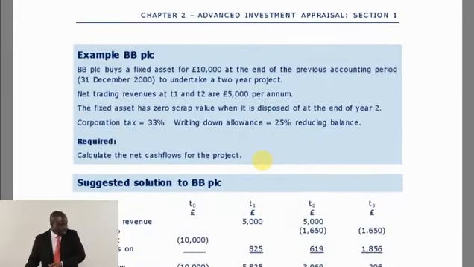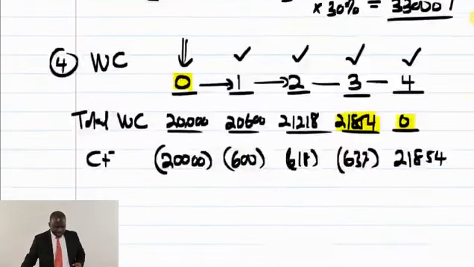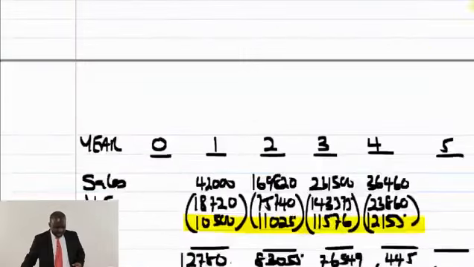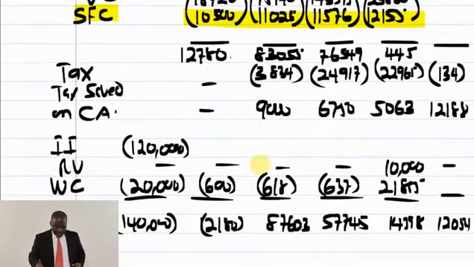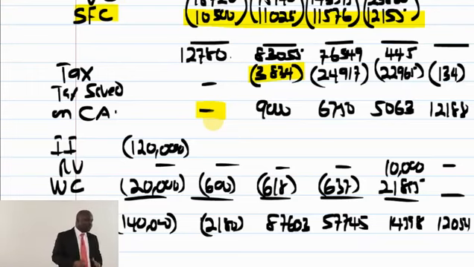Because we are assuming that tax is paid 1 year in arrears, just as we did in the big question that we have just solved. So if you come here, the same way, because tax is paid 1 year in arrears, you claim here. Yes, the question didn't say anything. That's why I said they were assuming. So if the question didn't say anything, you can also assume that you can claim the tax in year 1 or relevant years.